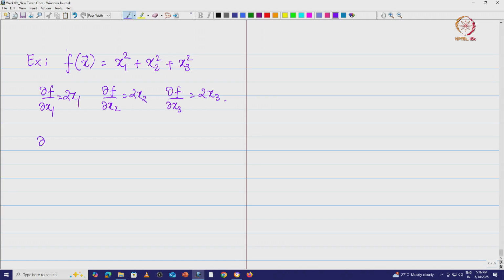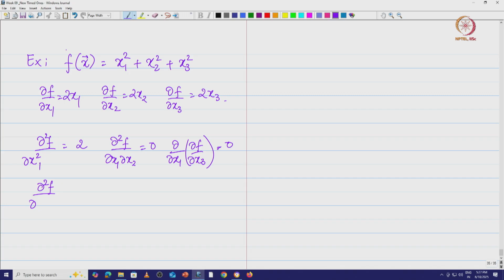What is ∂²f/∂x1²? This is 2. ∂²f/∂x1∂x2, that is 0, because ∂f/∂x2 is devoid of x1, then ∂/∂x1 of ∂f/∂x3, that is also 0, because ∂f/∂x3 is devoid of x1. Similarly, since the symmetry condition holds good here, ∂²f/∂x2∂x1 is also equal to 0.